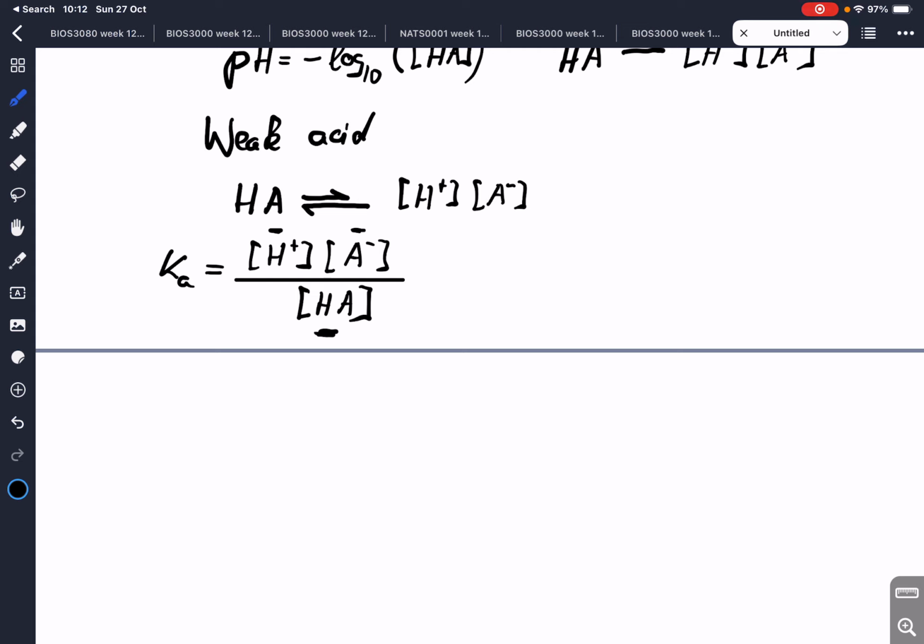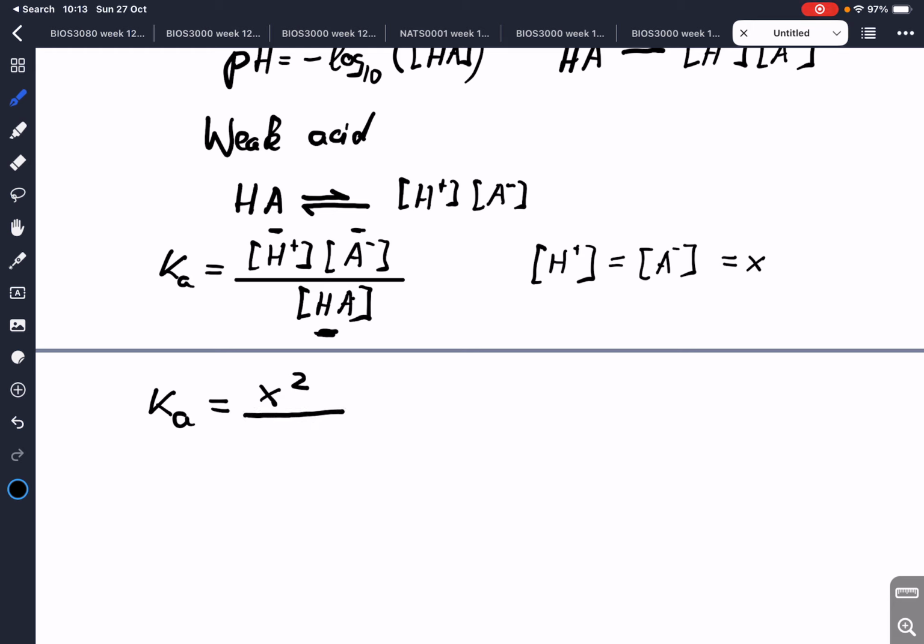We can say, of course, the concentration of the proton would be the concentration of the A minus. And therefore, if we set this as x, then we can write this equation as Ka equals x, because H plus the proton concentration equals A minus, we can write x squared.